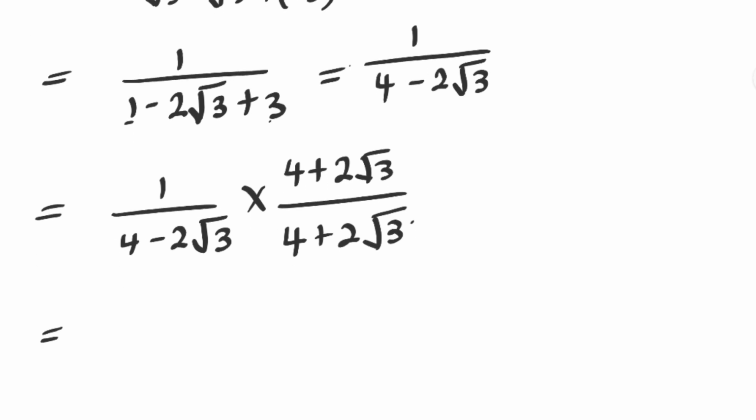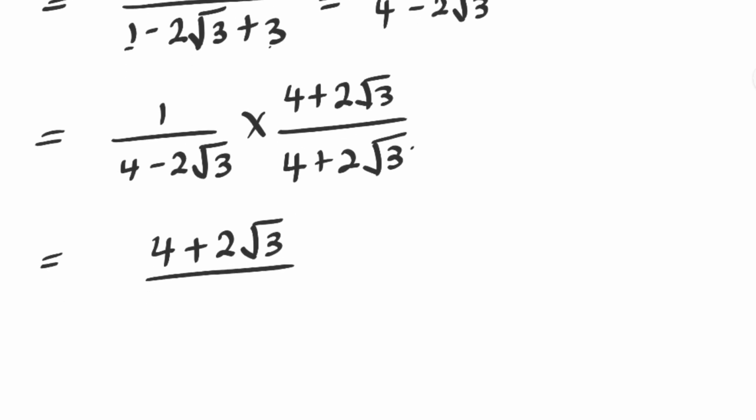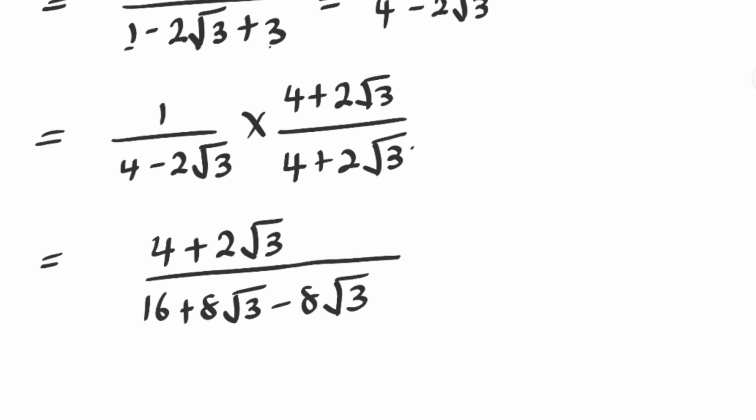This is equal to 4 plus 2 root 3 all over, here 4 times 4 we have 16. Then 4 multiplied by 2 root 3, that is plus 8 root 3, minus 2 root 3 multiplied by 4, this is minus 8 root 3.